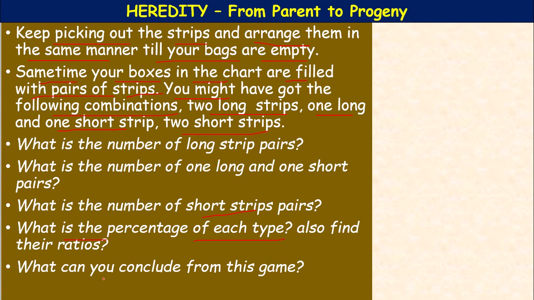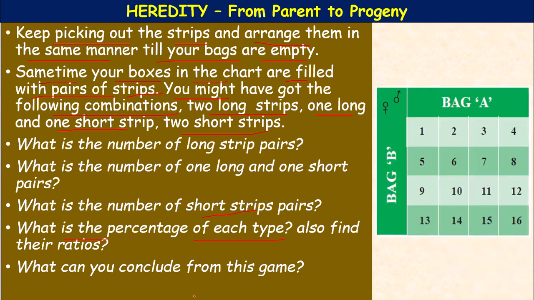If you consider the principle of independent assortment, we will get a 9:3:3:1 ratio. What can you conclude from this game?